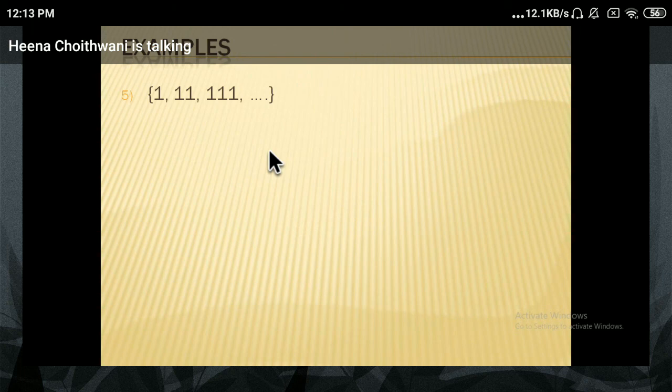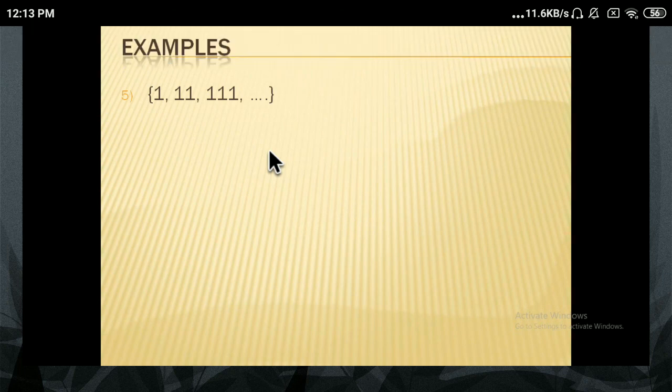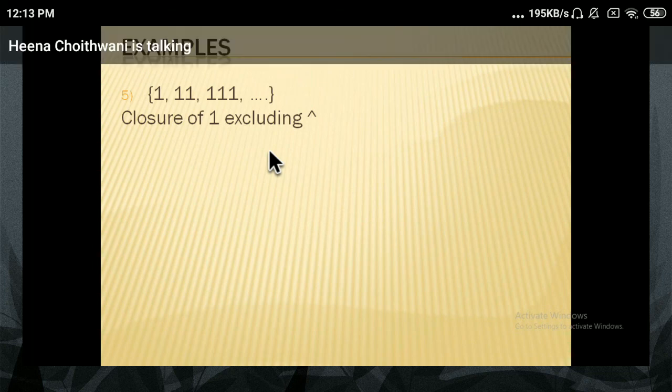My first set is nothing but a star closure minus epsilon, and that is also a regular expression. So plus can be a regular expression, right? Second, closure of 1 excluding null, that is epsilon. So that is my 1 plus, the positive closure of 1.